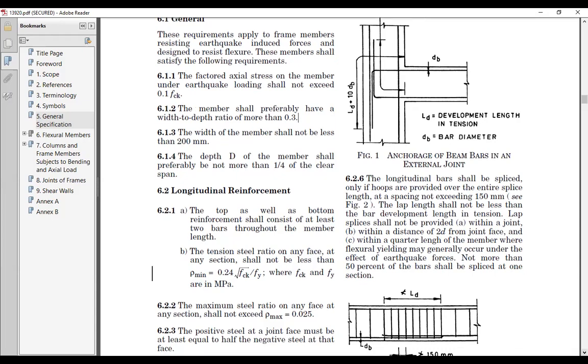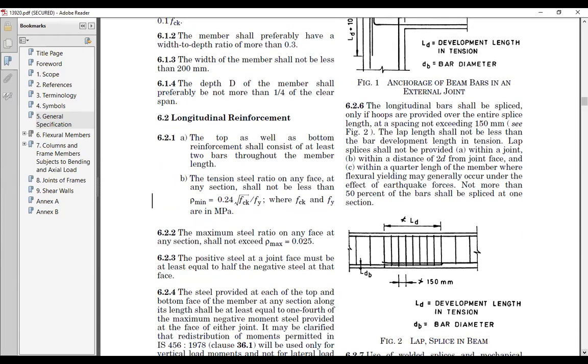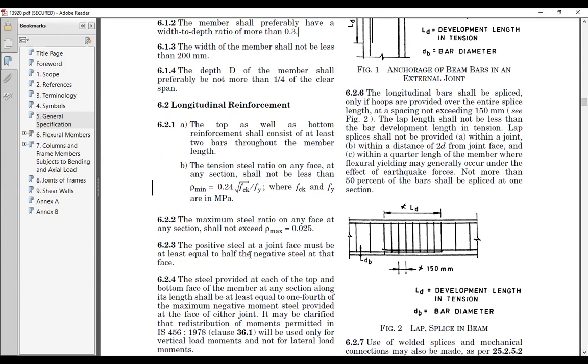Okay, what is the next clause? The next clause is the maximum steel ratio on any face at any section shall not exceed 0.025.